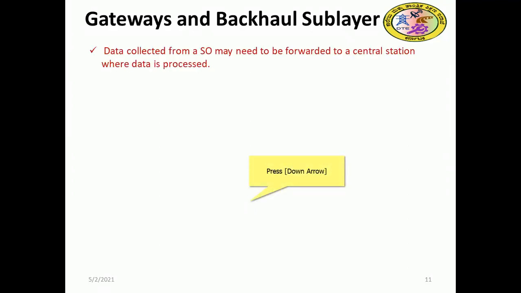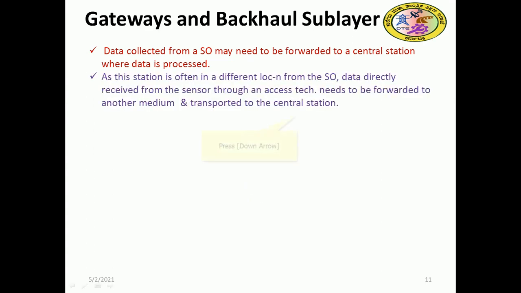The gateway and backhaul sublayer collects the data from the smart objects at the edge, and may need to forward it to a central station where data is processed.